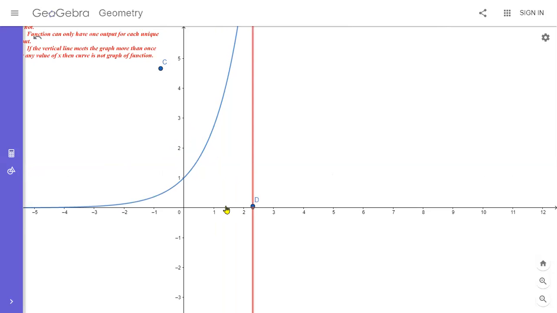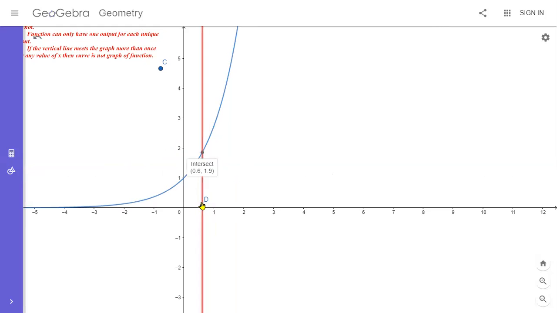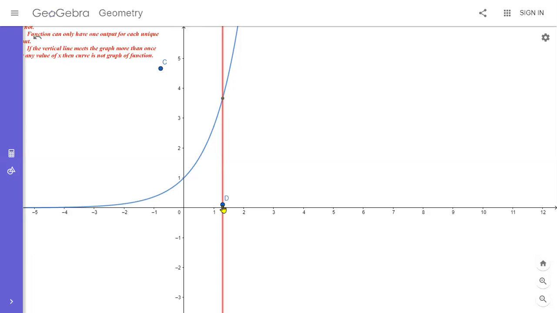For any input, only at one point. So this given curve is the graph of a function, because the vertical line meets the graph at only one point.